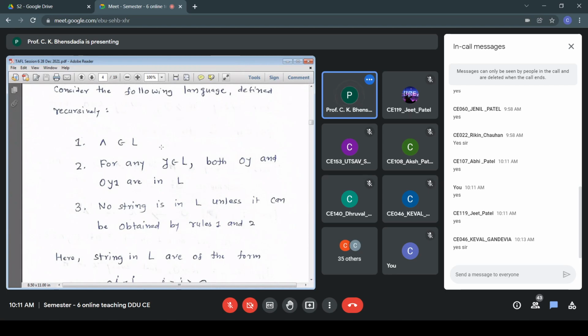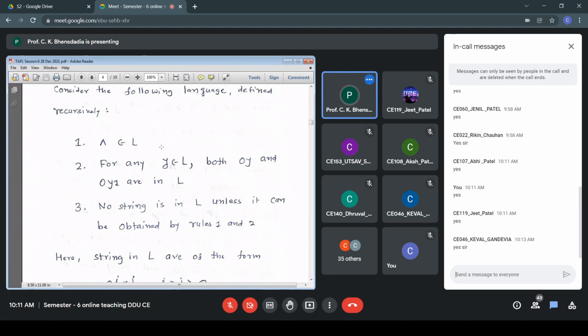The number of times we are applying rule 2 in generating x in L. Even with no application of rule 2, I can still generate x in L because null belongs to L. Therefore, the starting value of n is 0.